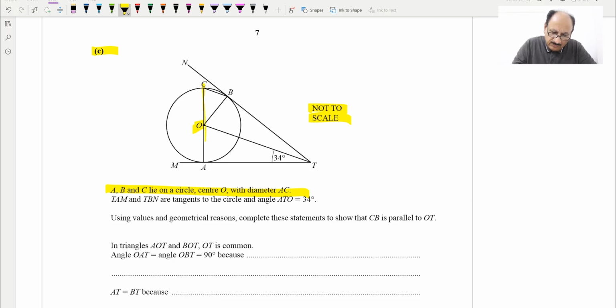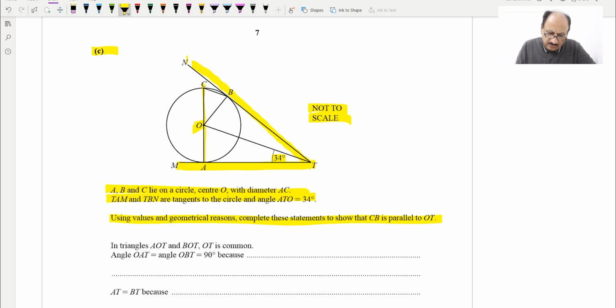TAM and TBN are tangents to the circle, and angle ATO is 34. Using values and geometrical reasons, complete this statement.